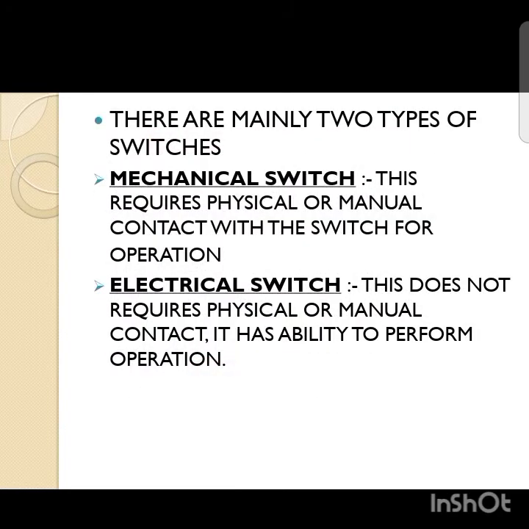There are mainly two types of switches: mechanical switches and electrical switches. The mechanical switch requires physical and manual contact for operation. The electrical switch does not require physical or manual contact. It has its own ability to perform the operation.